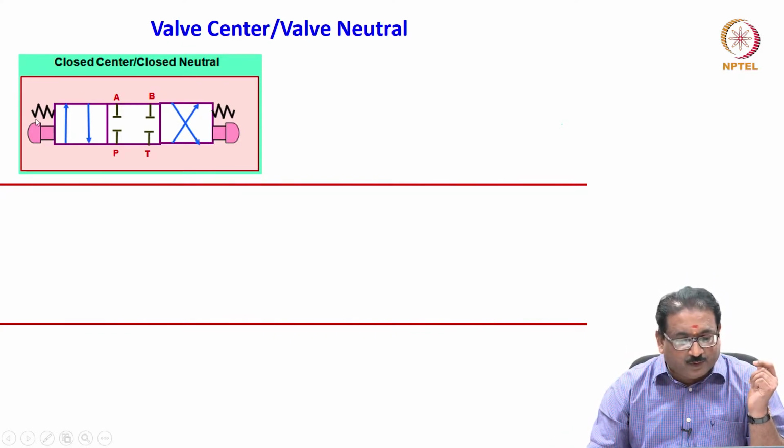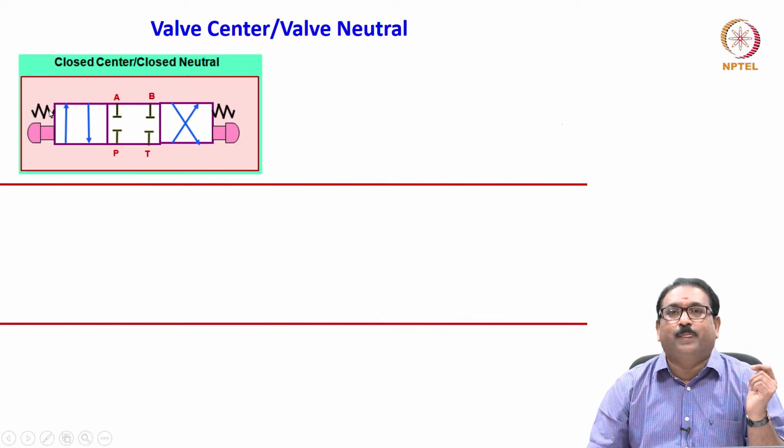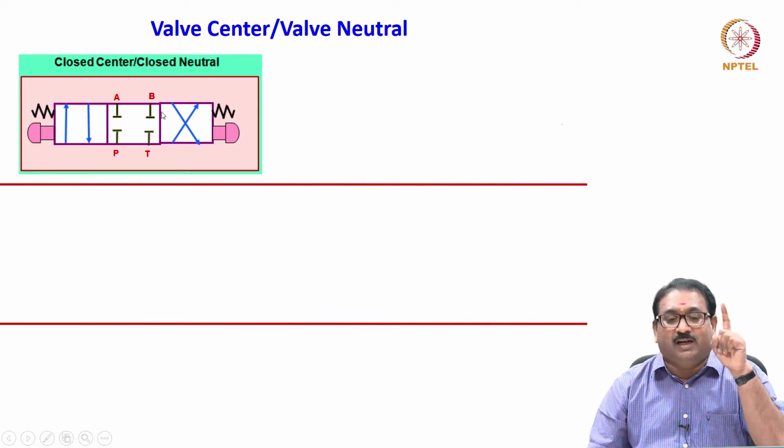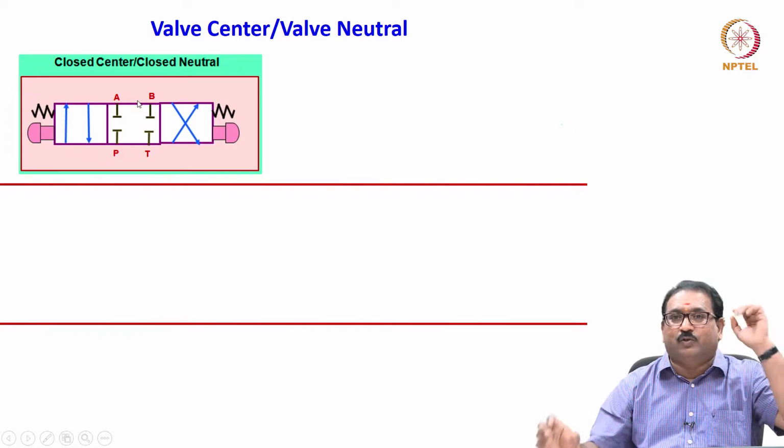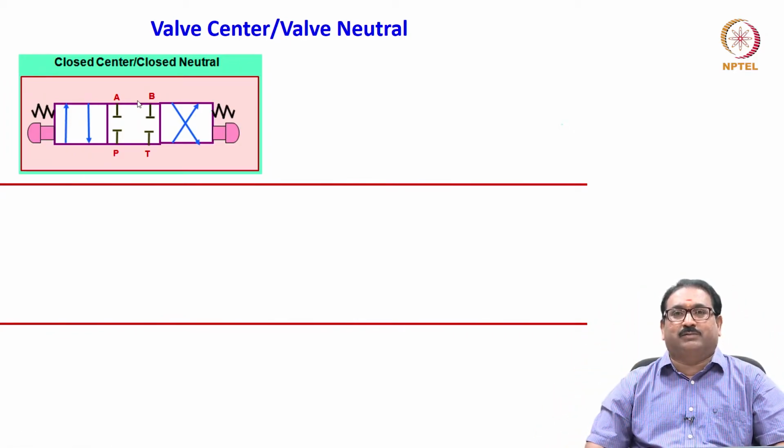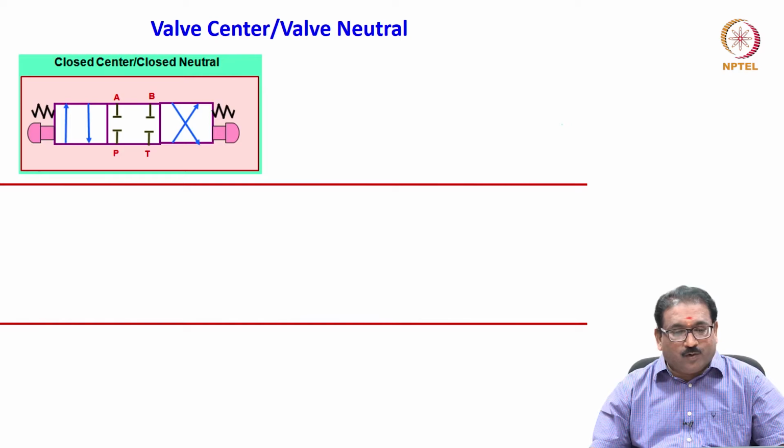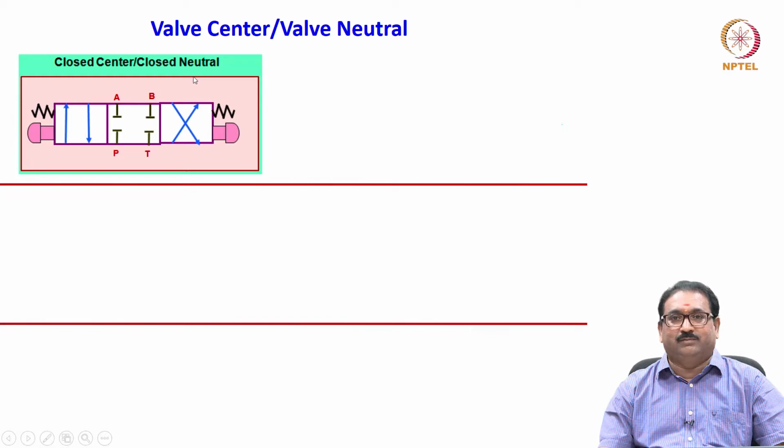That is why, look here, two stiff springs are there on either side of the spool valve. When you press this button, for example the left side, the parallel configuration takes place. When you press the other button, the crossed configuration takes place. Press one more time, and it automatically goes to the center position, meaning in the center position it is held blocked. It is known as closed center or closed neutral.